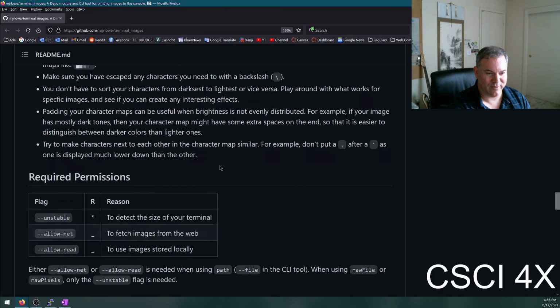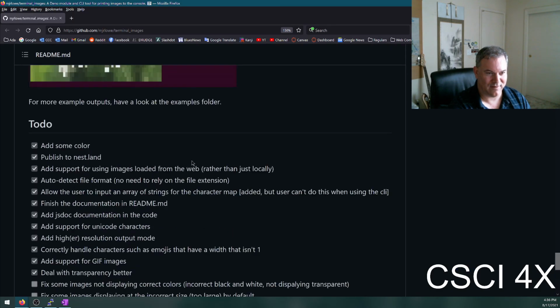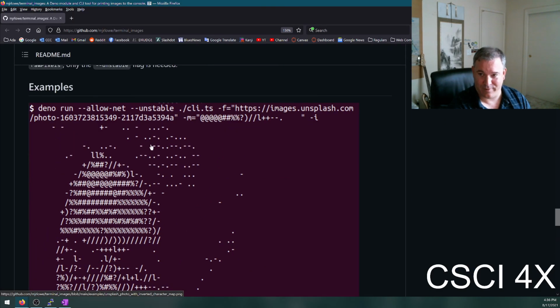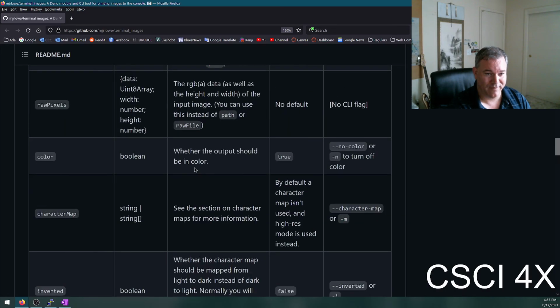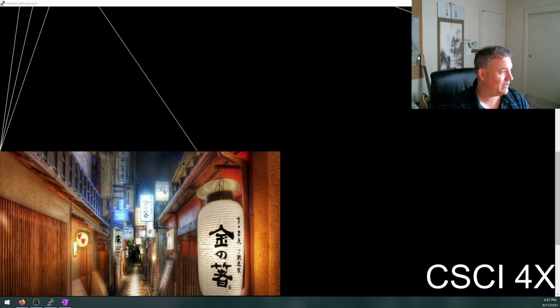So using a character map? Yeah, I don't do that. I'm just reading all the pixel data and outputting 24-bit color. So. How you doing, Putty? Yeah, there you go. Kept coming back.